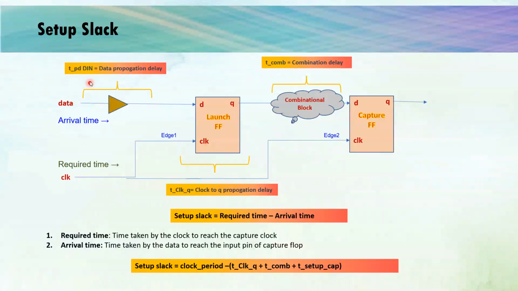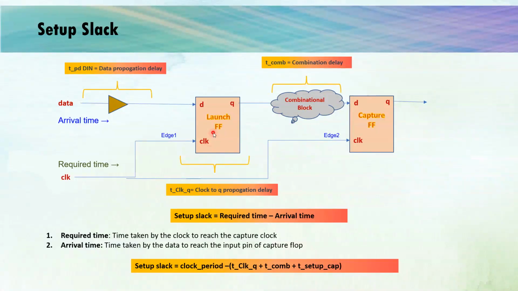So this path, let's call this the data propagation delay path and denote it with some Tdin. In a similar fashion, there is some combinational circuit between one register and another, and that combinational circuit also takes some time, which we call combinational delay and denote by Tcomb.